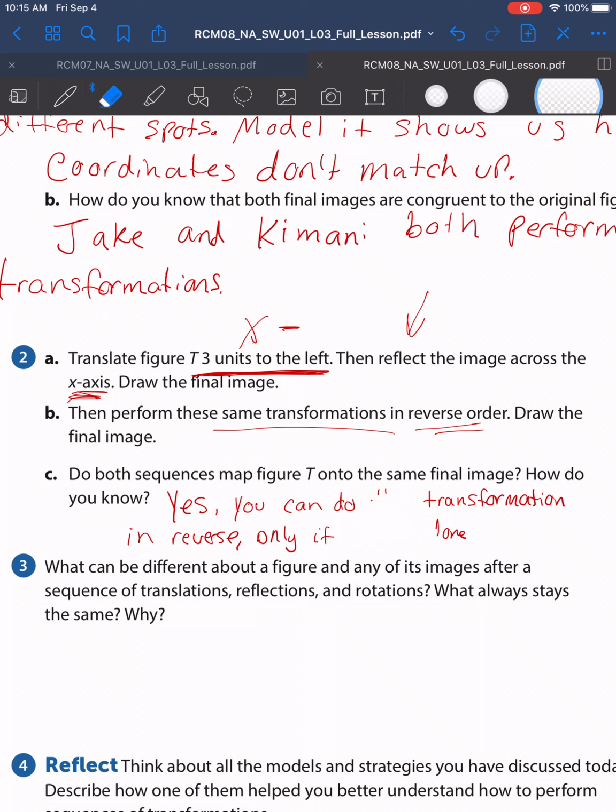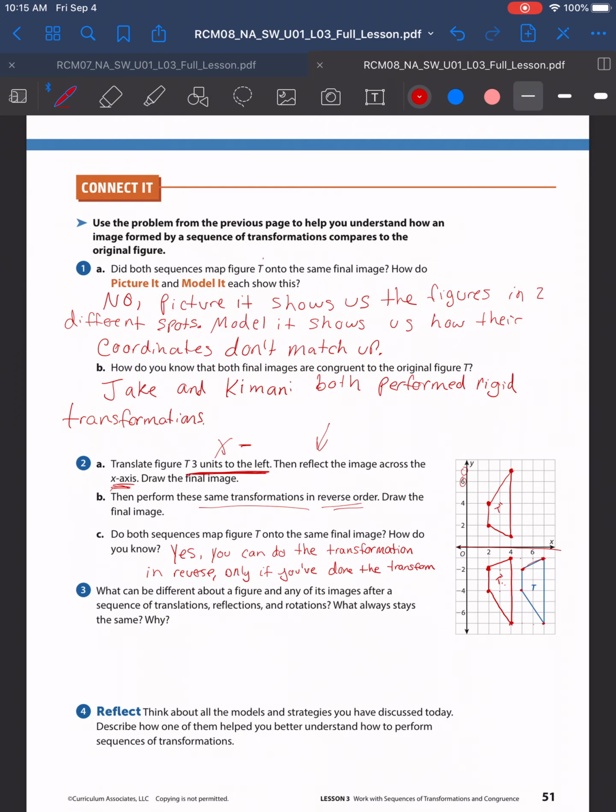I gotta fix that. Whoa, it deleted everything. Okay, let me read that to you. Yes, you can do the transformation in reverse only if you've done the transformation once.